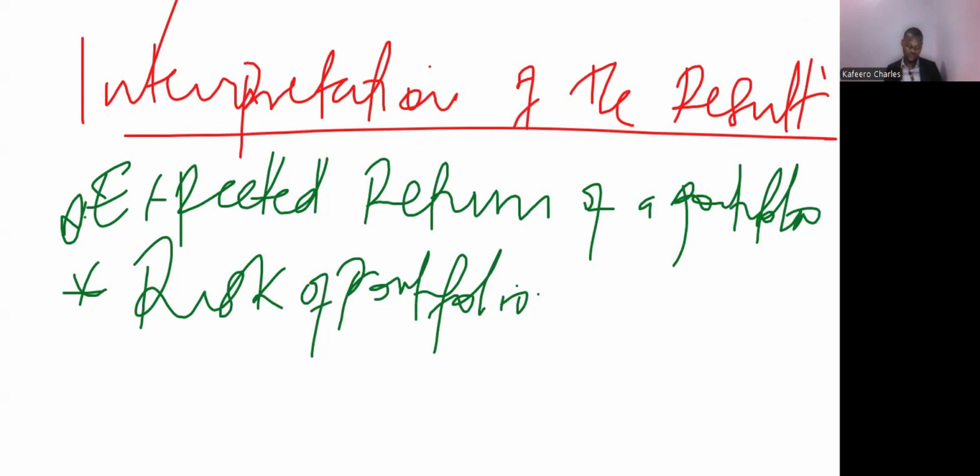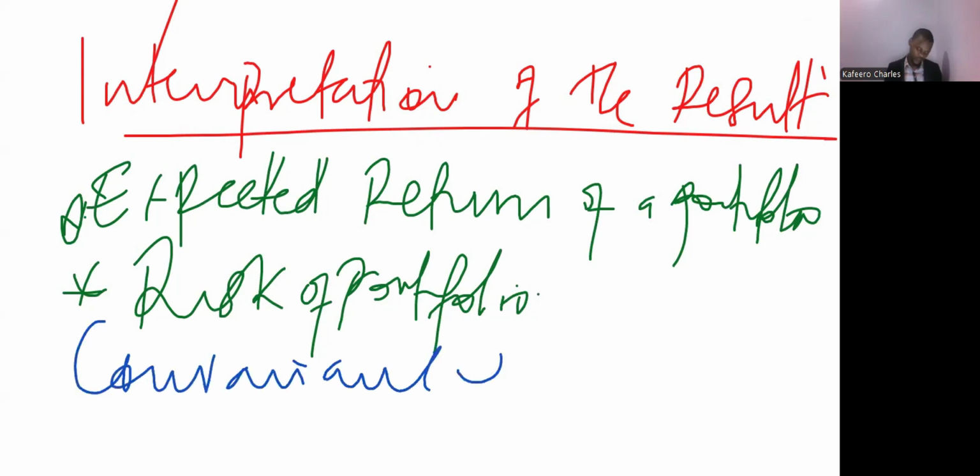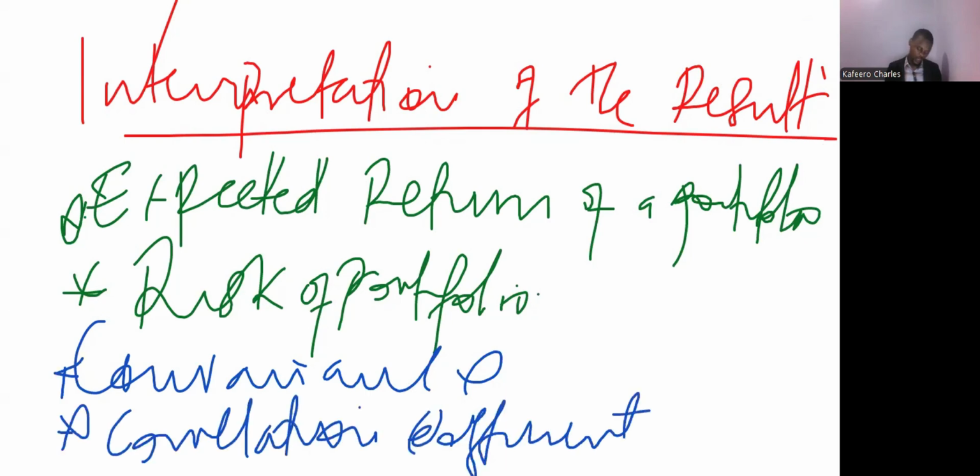So that's what we are going to look at in the next video. We try to understand, how do we comment when we have, let's say, a covariance? How do we comment when you are looking at the correlation coefficient? Then finally, how do we comment on the results that we have gotten on the expected return?